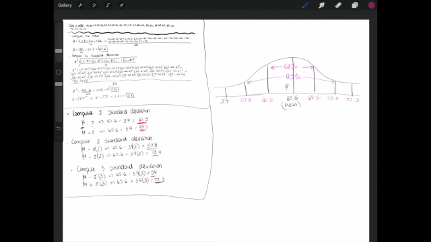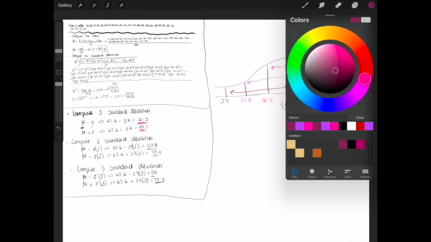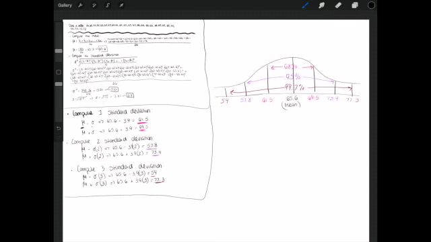And lastly, 99.7%. So this is my empirical rule applied.